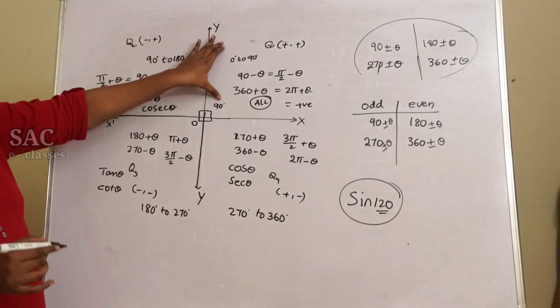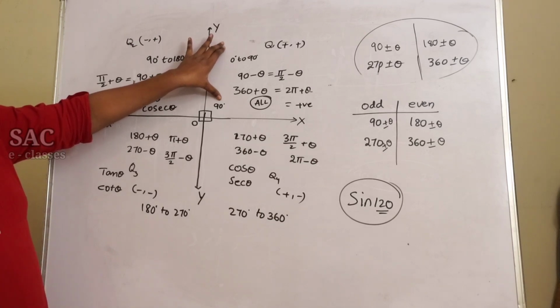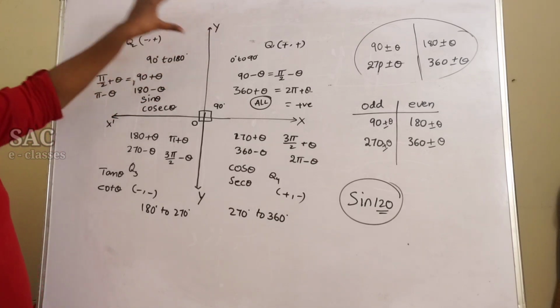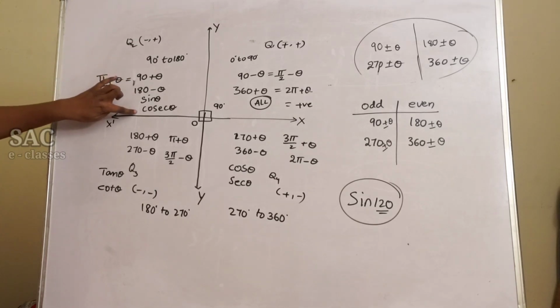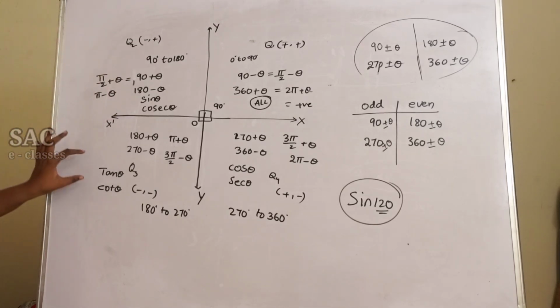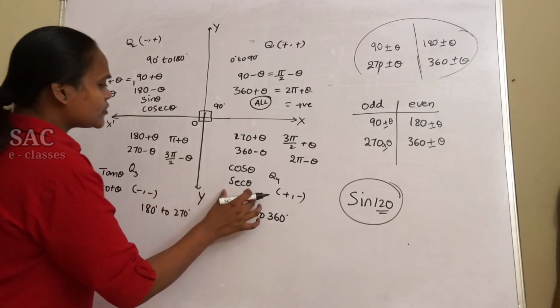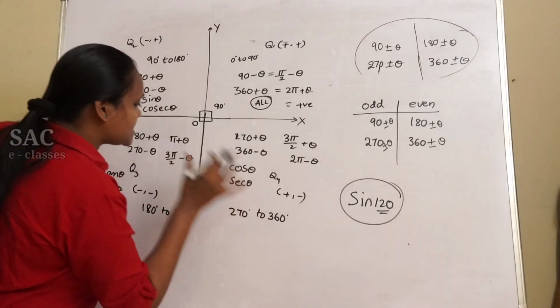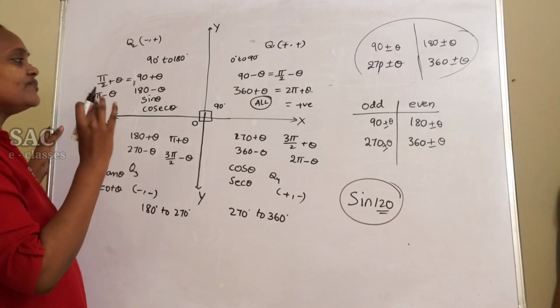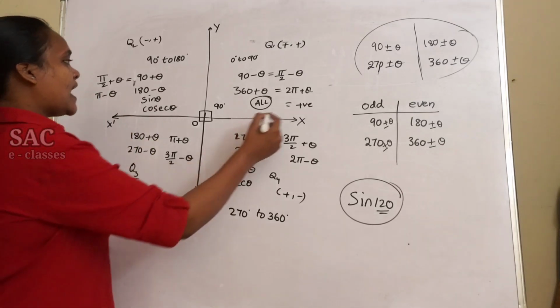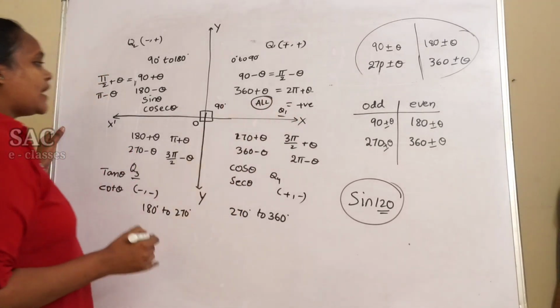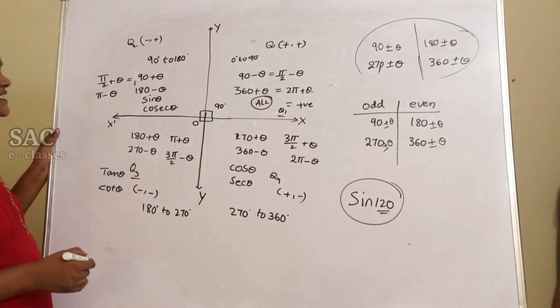What is the nature of the different trigonometric ratios? In the first quadrant all ratios are positive. In the second quadrant, sin theta and its reciprocal cosecant are positive. In the third quadrant, tan and its reciprocal cot are positive. In the fourth quadrant, cos and its reciprocal secant are positive. That means in which quadrant is tan positive? Tan is positive in Q3 as well as in Q1. And in which quadrant is cos negative?